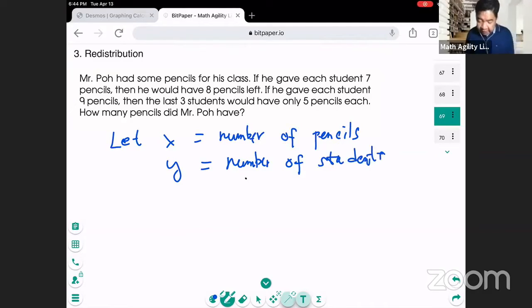It says if he gave each student 7 pencils, we don't know the number of students and the number of pencils. That's why we represented them by x and y.